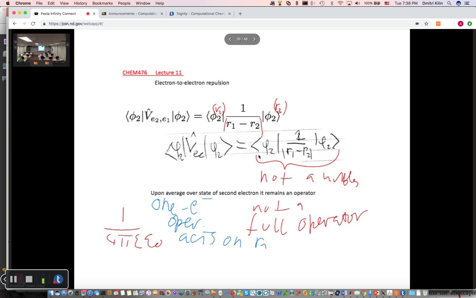If we take this interaction between electron 1 and electron 2 and find the expectation value with respect to the wave function of the second electron, it means we perform integration of 1 over R1 minus R2 over R2, and the 1 over R1 dependence will still be there.